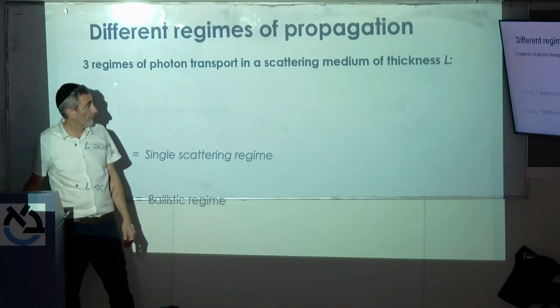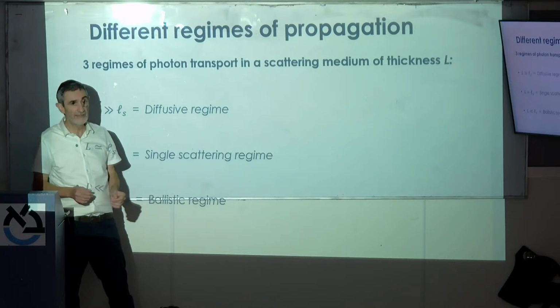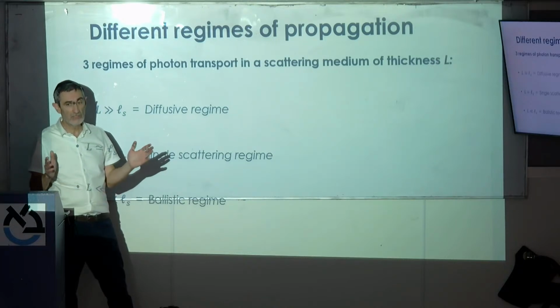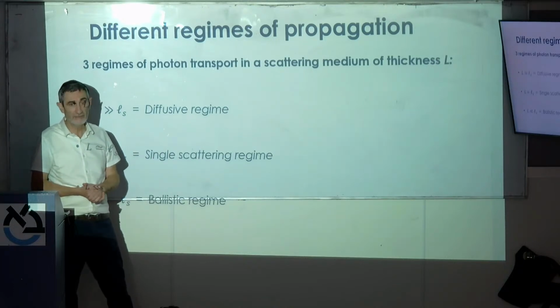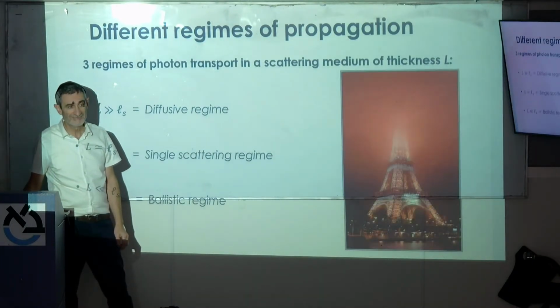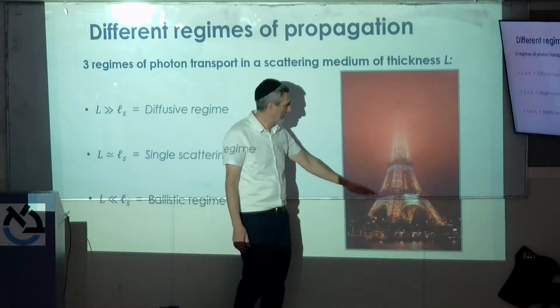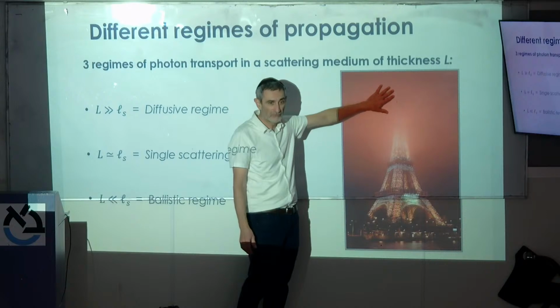And then you have the diffusive regime, where the size of the system is much larger than Ls, and actually much larger than the transport mean-free path itself. If you remember this picture, that's from the beginning. So ballistic, single scattering, and diffuse regime.